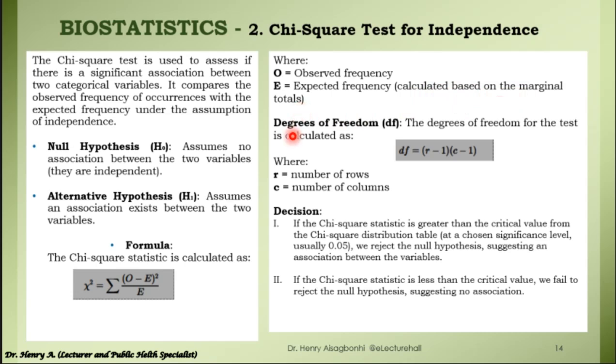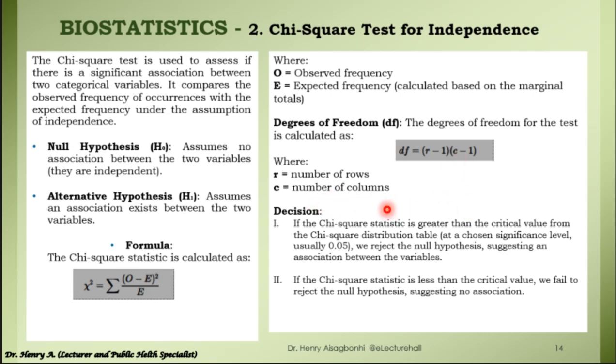Now you have the degrees of freedom. The degrees of freedom for the test is calculated as (R minus 1)(C minus 1). R means the number of rows, so it is the number of rows minus 1, close the bracket.